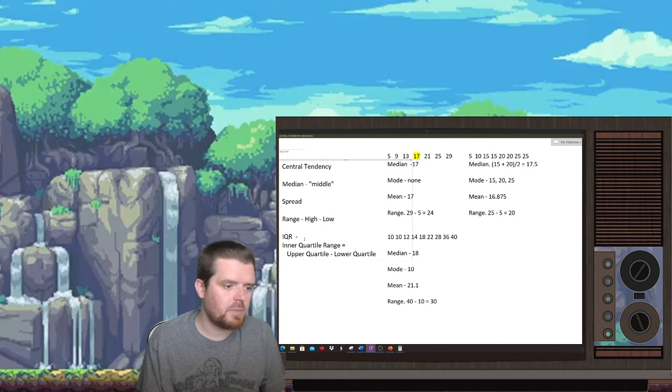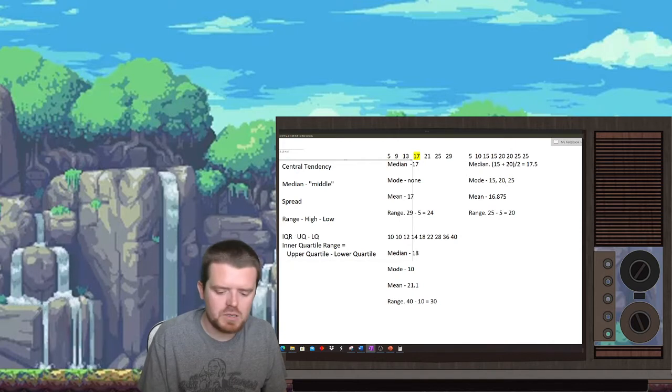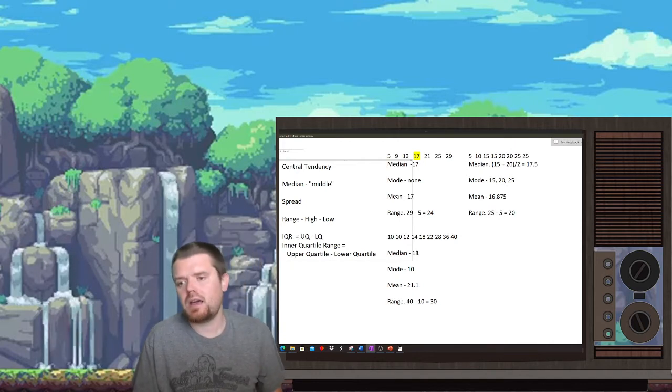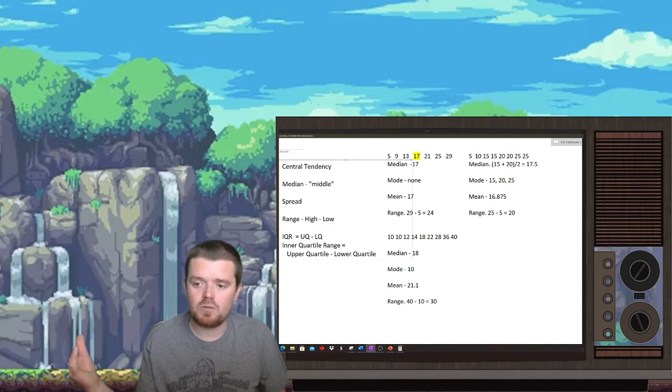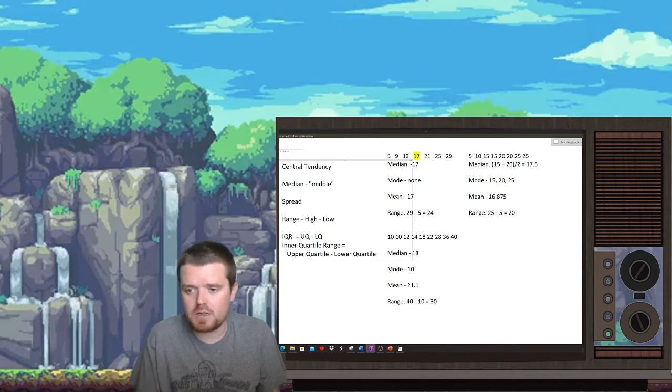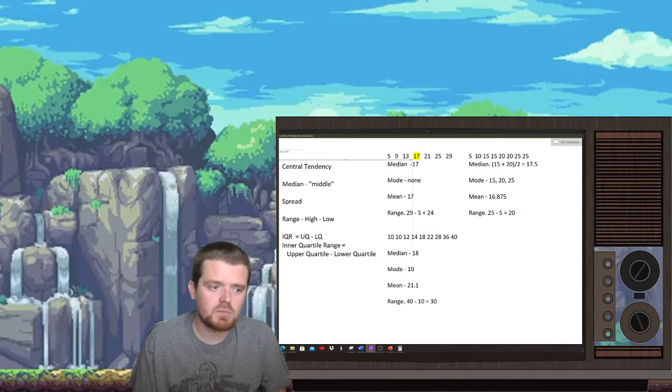The reason that we in math look at IQR as opposed to just range occasionally is because if you have an outlier, which is a point that is really high or really low compared to the rest of your data points, it has a tendency to throw off your range, and it's not an accurate representation of your data set. So interquartile range, or IQR, is sometimes a more accurate representation of how far spread out your numbers are.